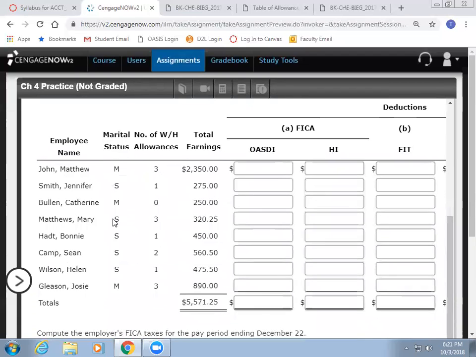Honestly, my advice, if you're comfortable with Excel, is to put this in an Excel table, and you can set up formulas to make it go quicker. You are doing a lot of calculations, and if you set it up in Excel where you can just copy down, taking 6.2% of all of your total earnings, it'll make things go a lot quicker. Plus, if you make an error, it's easier to go back and find what you did, whereas if you use just a calculator on the computer, it doesn't track your inputs.